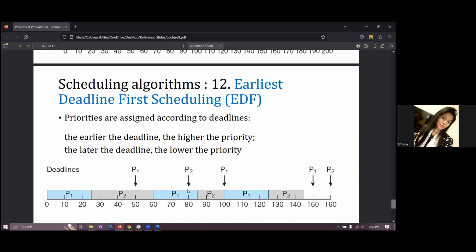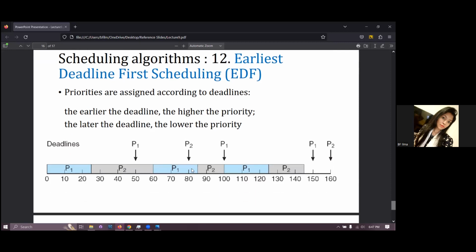When P1 is executing first, it is because its deadline arrives first, at 50. Then from this point, the deadline which arrives first for the next cycle is 80. So then we let P2 finish.